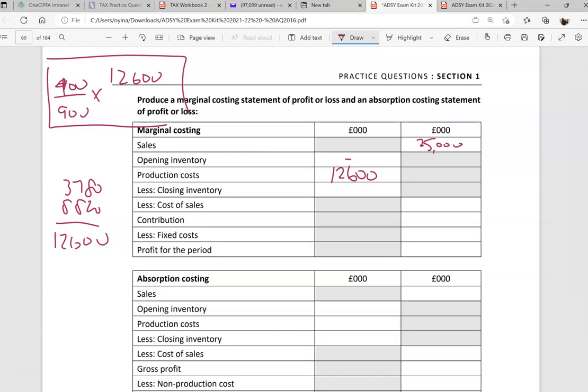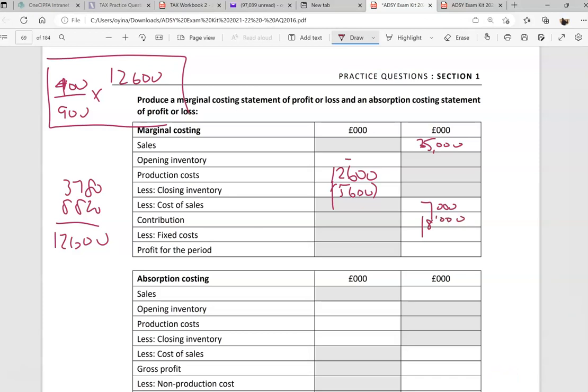So that should give you 5,600. So your cost of sales is 12,600 less 5,600, and that's 7,000. So that means that you start with 25, take off the 7. Your contribution is therefore 18.